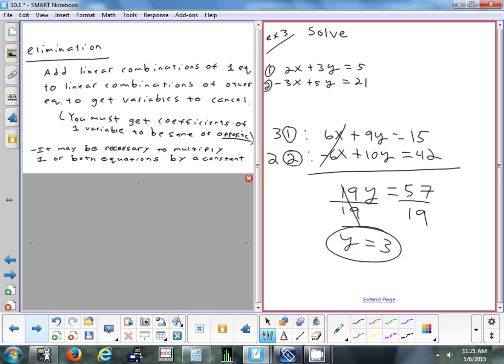Okay, what else do I still have to do? I'm only half done. Find x. Yeah, we still have to find x. So I'd pick one of the original equations, take y, plug it back in. I'd say this time probably the top equation. The numbers are all smaller, and there's no negatives.